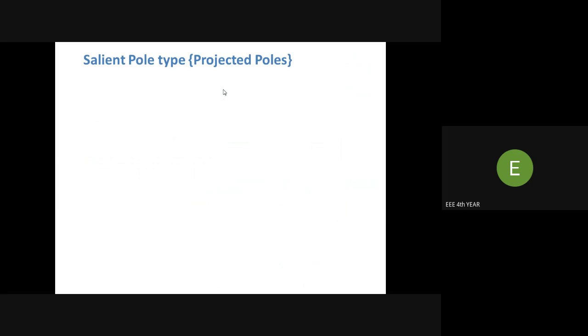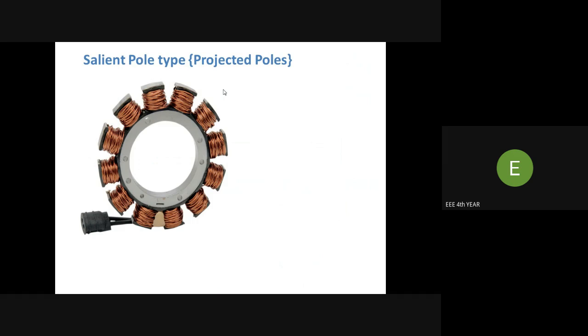First we discuss the salient pole type, the projected pole type rotor construction. Here the diagram indicates the salient pole type rotor construction. Here the poles are projected outside of the core. Coils are wound over the iron core and connected in series to produce alternate north and south poles.